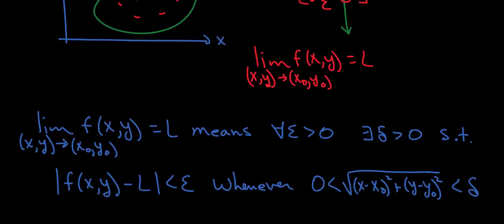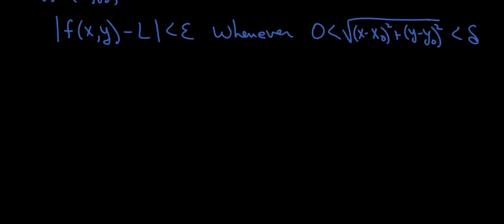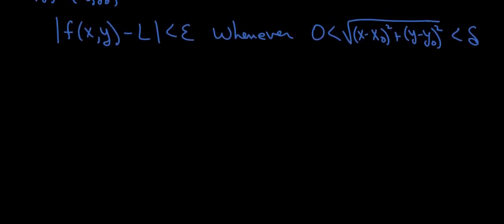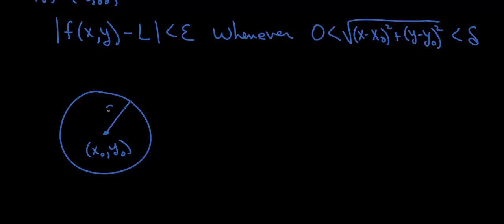Now, there's a couple of things I need to define here. It will help us speak the same language anyway. Let's just talk about a disk. I'm going to put two circles here. This one right here is centered at (x0, y0) and has a radius of delta.